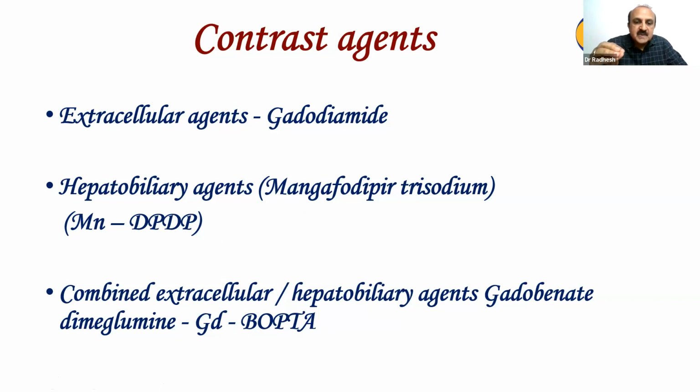That is why we use this hepatobiliary agent whenever we image the liver. Gadodiamide, what we use otherwise, just goes into the extracellular compartment. But gadobenate dimeglumine, which is gadolinium BOPTA, is excreted by the liver, around 15 to 20%.